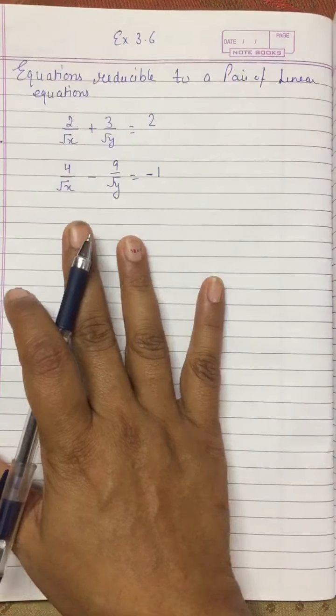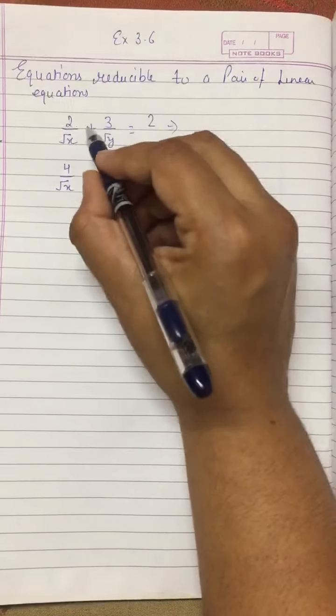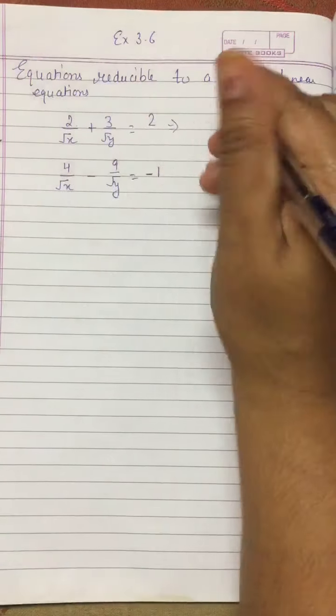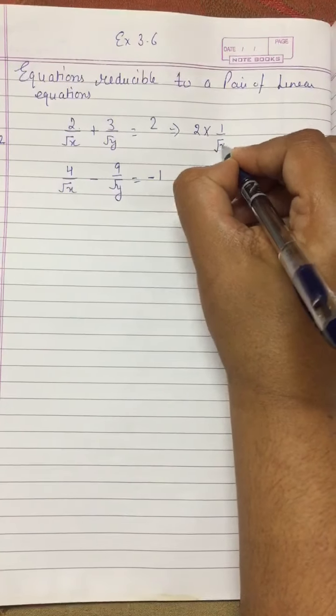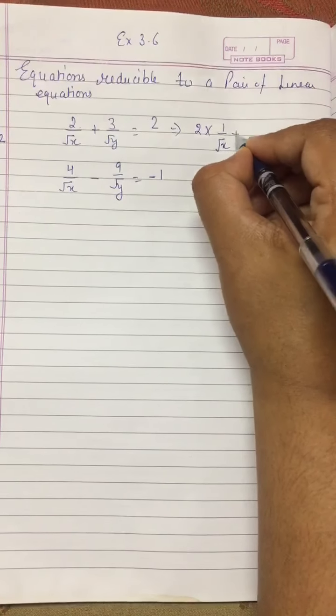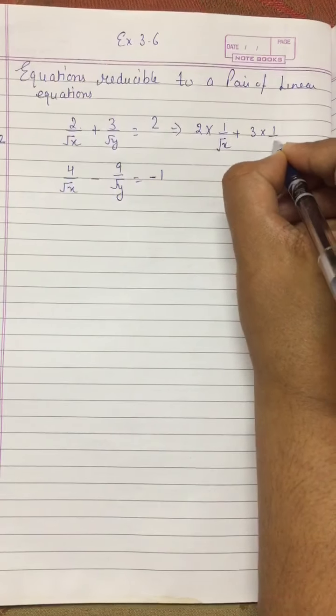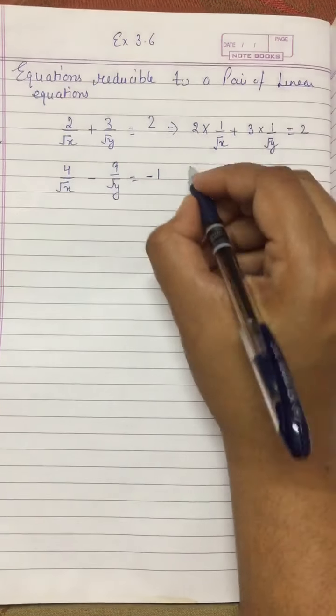In that type of question we always make some suitable substitutions. How will we do that? Firstly, separate the part which is creating the problem. 2 into 1 over root x, make it separate. Plus 3 into 1 over root y equals 2.